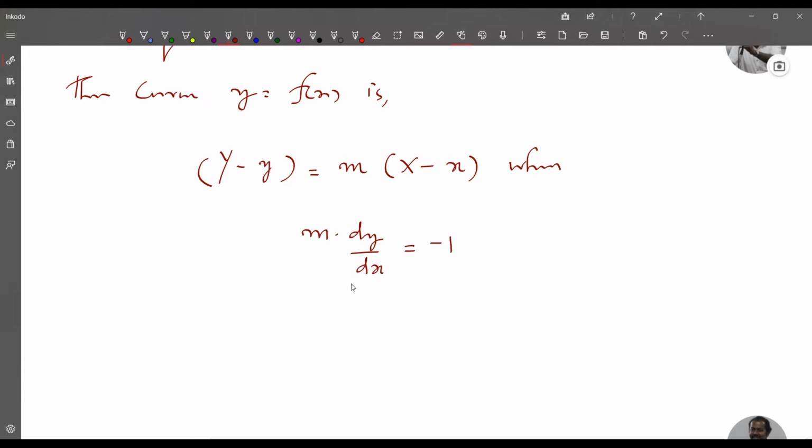The product of the slopes is minus 1 for perpendicular lines. So this implies m equal to minus 1 by dy by dx, or this is equal to minus dx by dy.